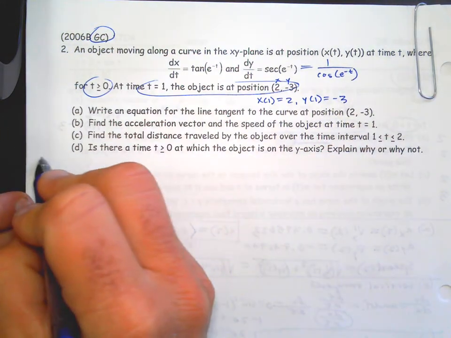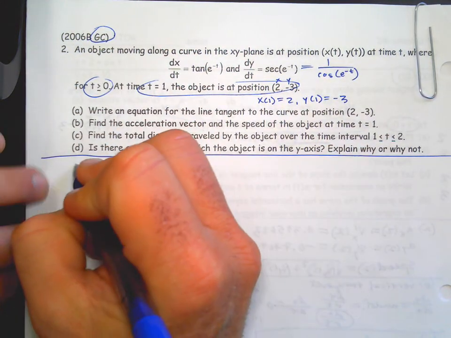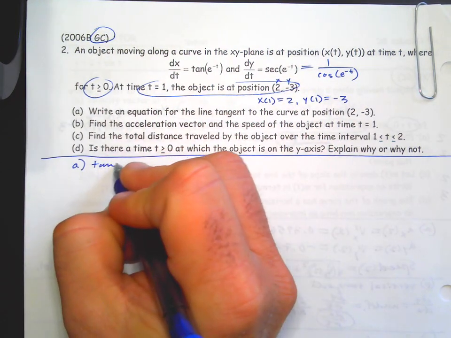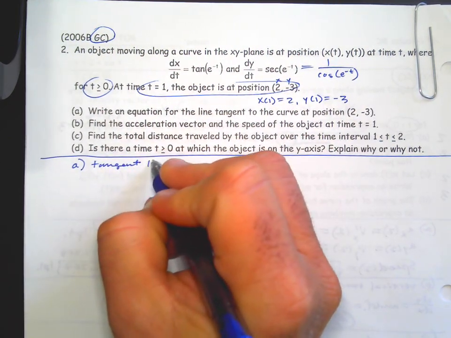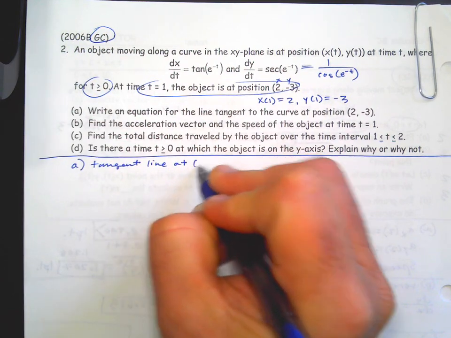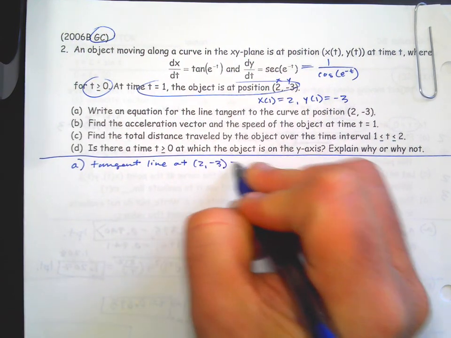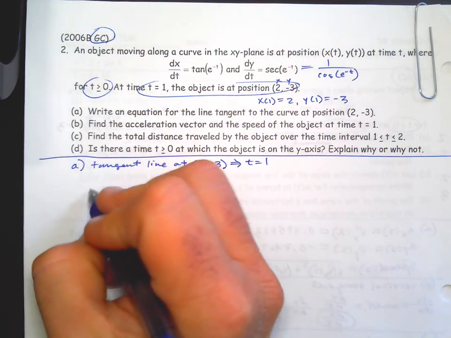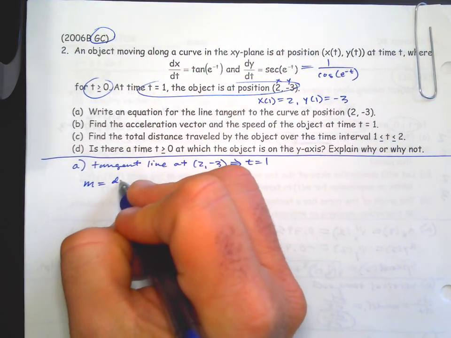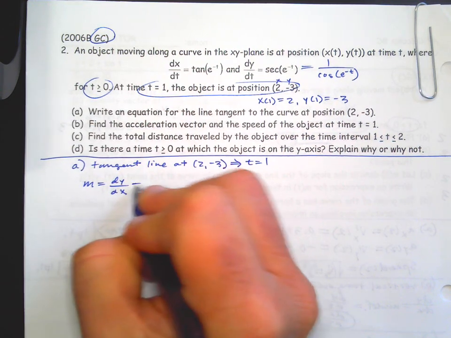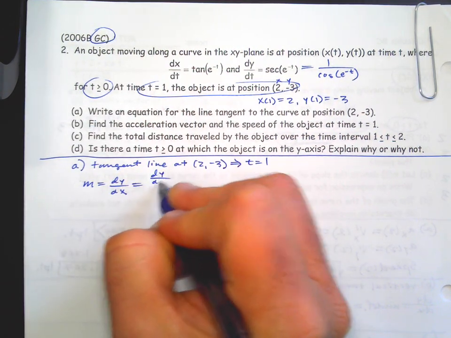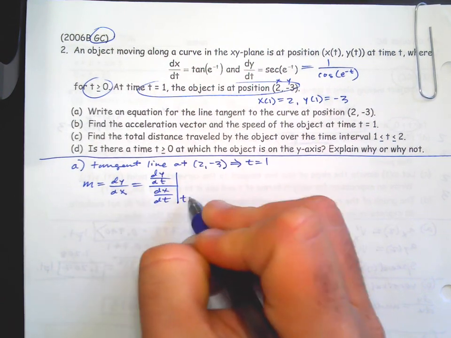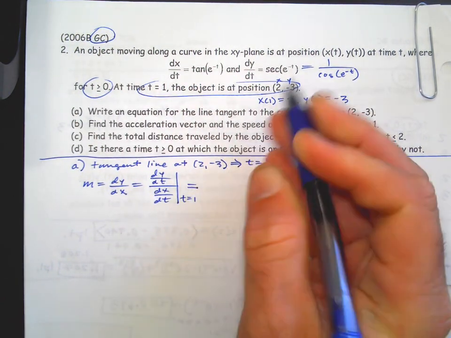Initial condition. Okay, part A says write an equation for the tangent line at (2, -3). Now what you need to realize is that corresponds to time 1. So the slope is going to be dy/dx, which is going to be dy/dt over dx/dt at time 1. So we have those.